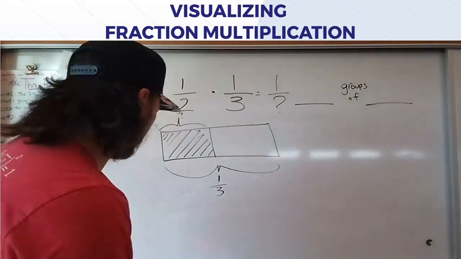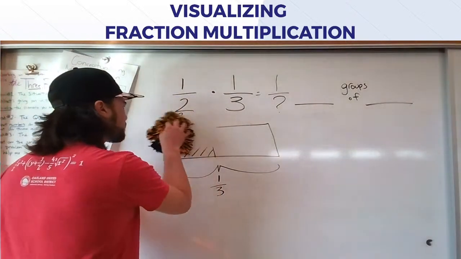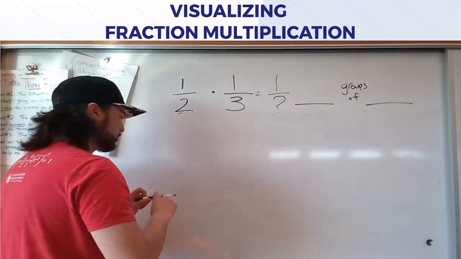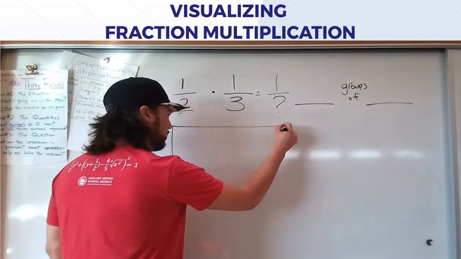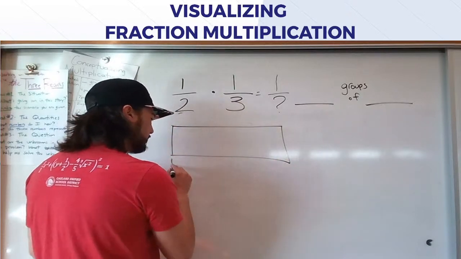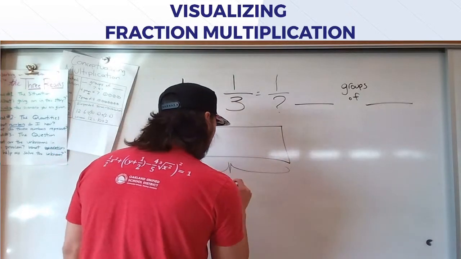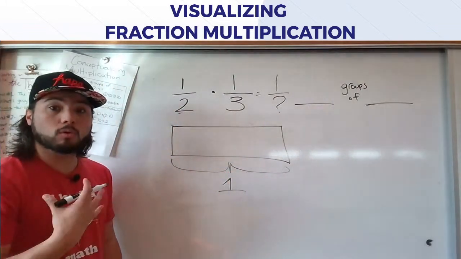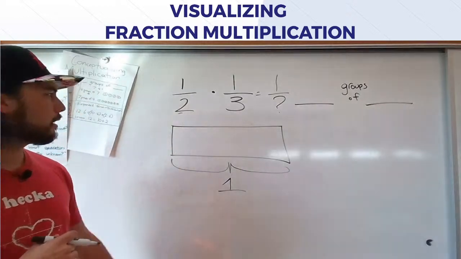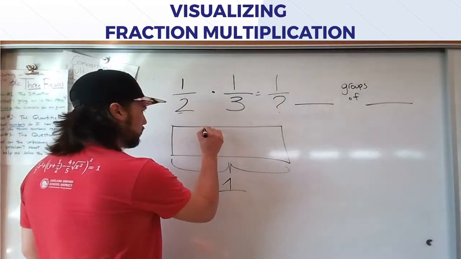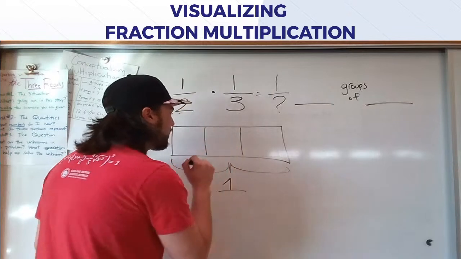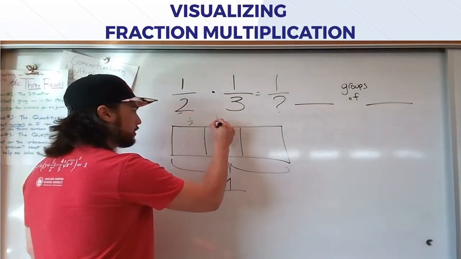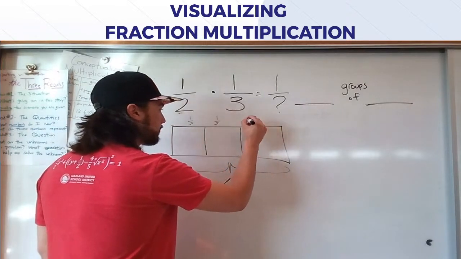So let's try this a different way here. Rather than taking our fractions bar and making it the value of 1/3 and just cutting it in half, let's try this. Let's take our fractions bar, and instead, we're going to make this 1. This fractions bar is going to equal 1. And then we're going to start with cutting it in thirds. So now I know I have 1/3, 1/3, and 1/3.